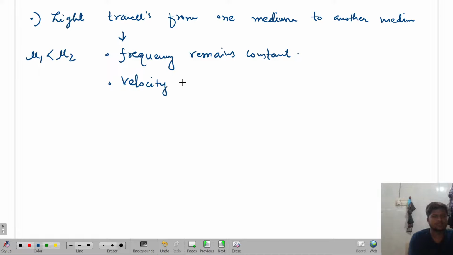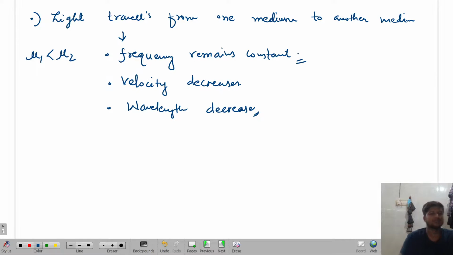Velocity decreases, and as the velocity decreases, wavelength also decreases. Got it or not? Why? Because your frequency remains constant.